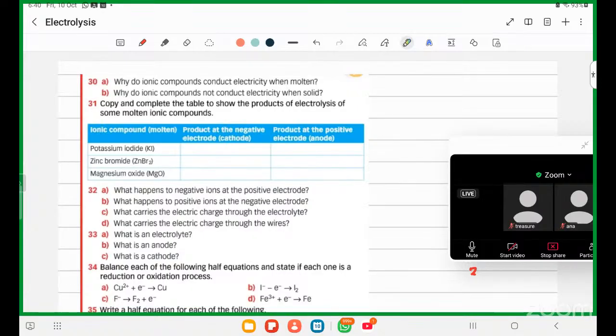And complete the table. Are you doing it? Are you working? Yes, sir.